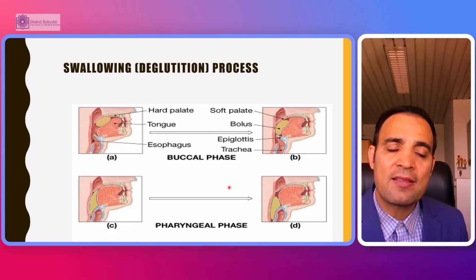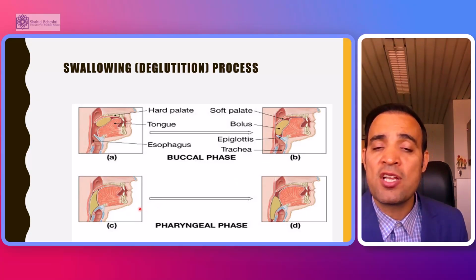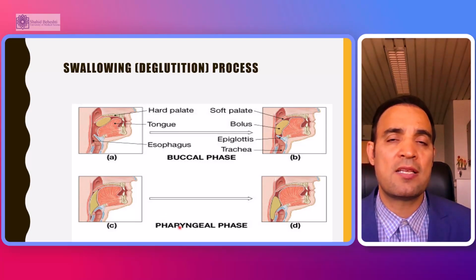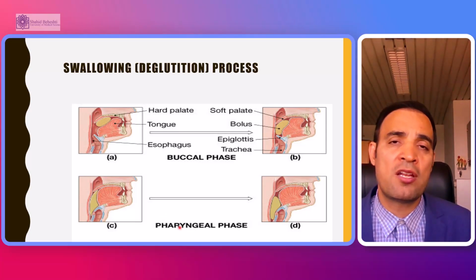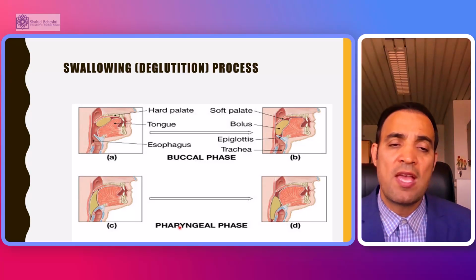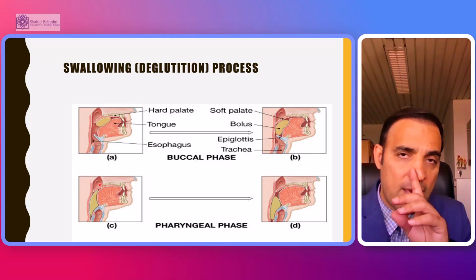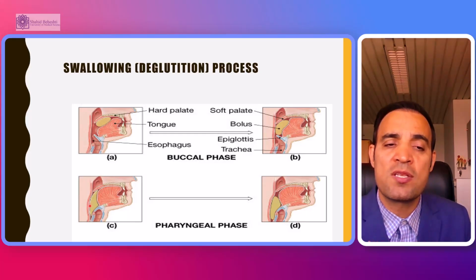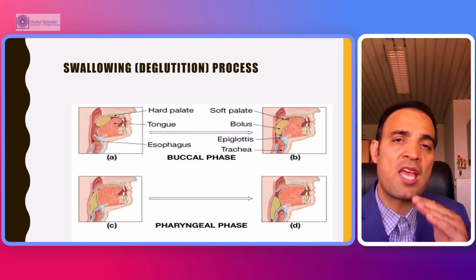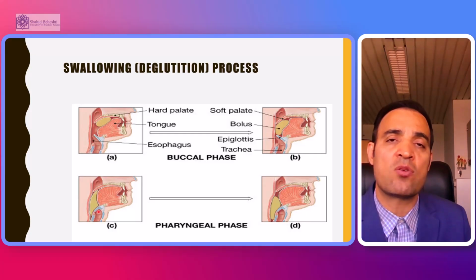On the other hand, the pharyngeal phase will start, and this is the process in which the glossopharyngeal nerve and vagus nerve are involved. And as you see, immediately not only the airway to the nose is closed, but also the epiglottis will close the thoracic opening, and therefore the airway is closed.